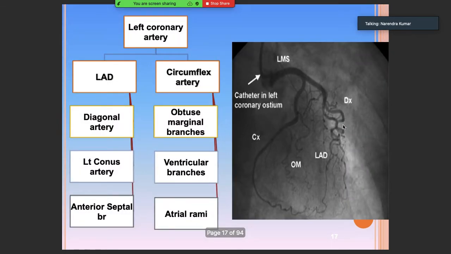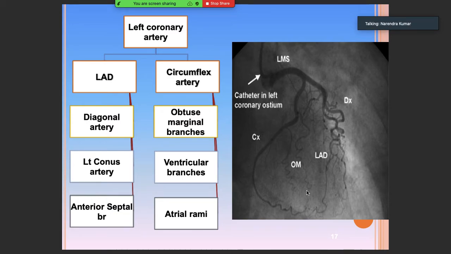Over here, we will see that they do have different branches. The left coronary artery will bifurcate into the LAD and the circumflex artery. And they give the obtuse marginal, the ventricular branches, and the atrial rami of the left coronary arteries as well. So it is always from the beginning or the origin of the artery to its terminal branches as well.